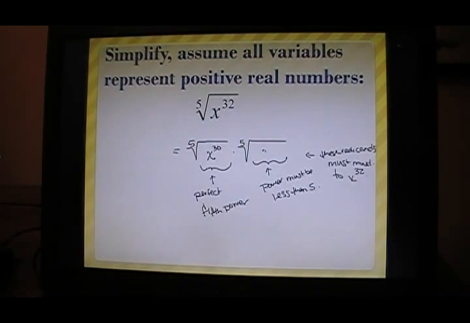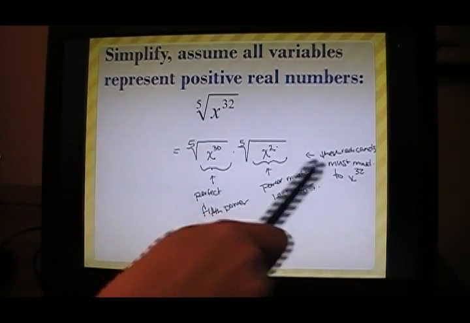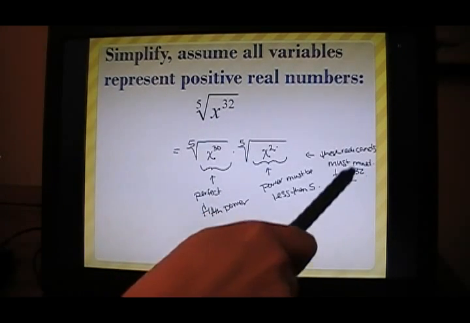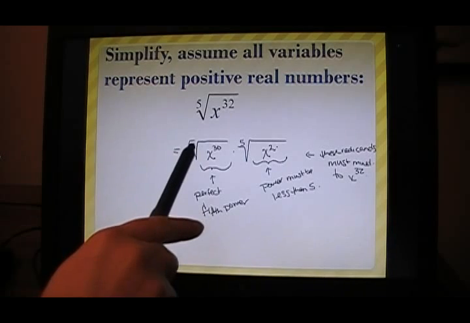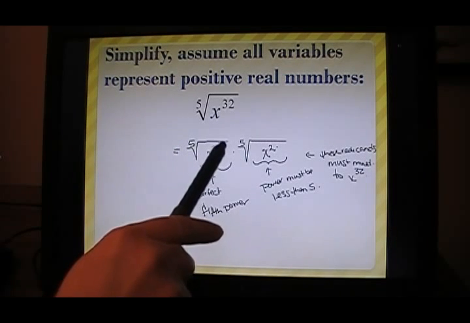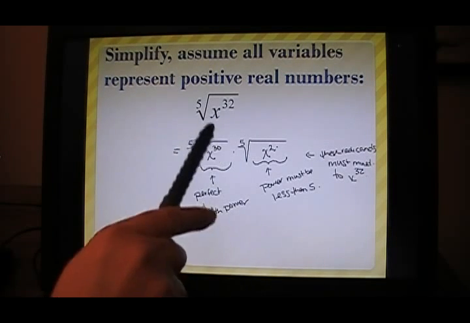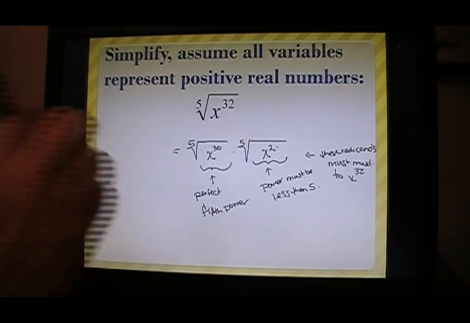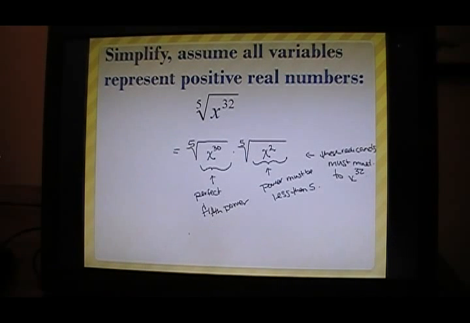So I know this should be x to the second in order for the product of these to be my x to the 32nd. So the fifth root of x to the 30th, I can do that by just dividing 30 by 5, that is 6. So we end up with x to the 6th times the fifth root of x squared.